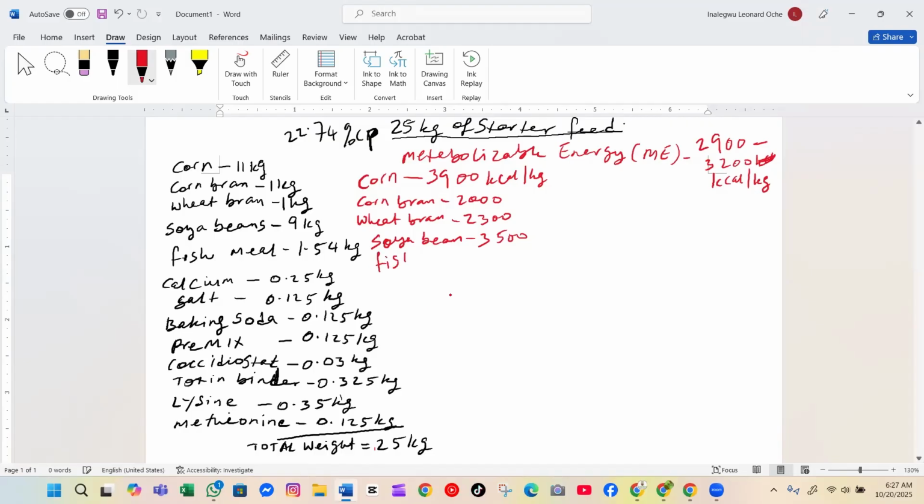So the fish meal is usually expressed in kilocalorie per gram, but for the sake of this calculation we are using kilogram, so I'll express it in kilogram and it will give us 0.003. Okay, I don't need to put the unit.